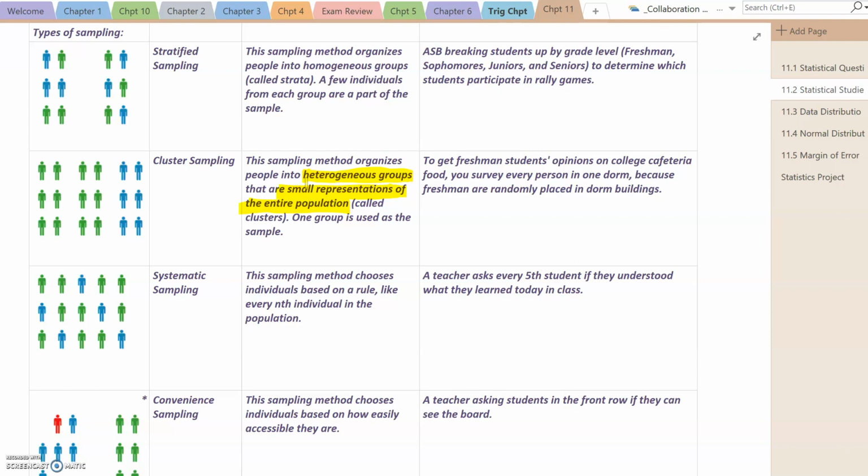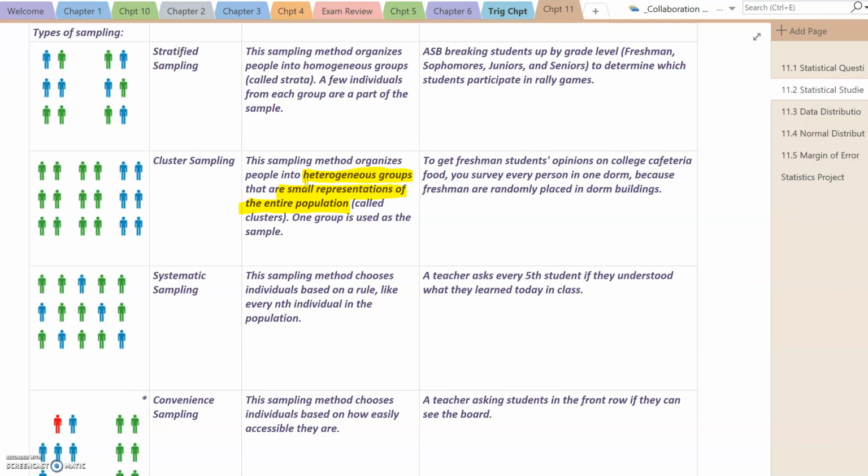So an example of this might be to get freshman students' opinions on college cafeteria food. Instead of looking at every single dorm, because that would take so much time, you're just going to survey every person in one dorm on campus because freshmen are randomly placed in dorms.